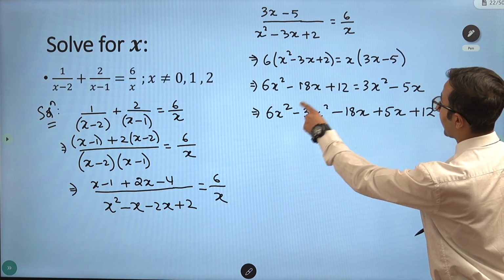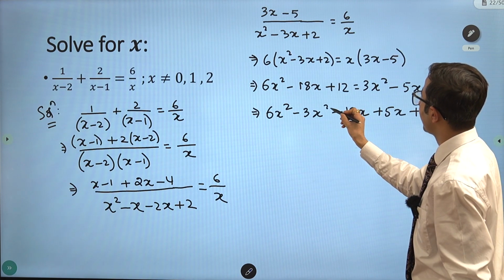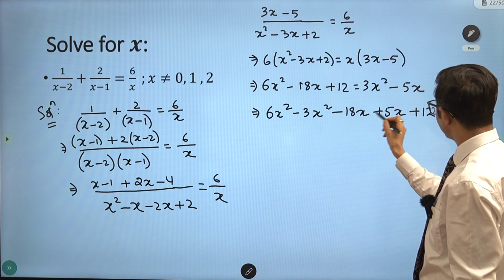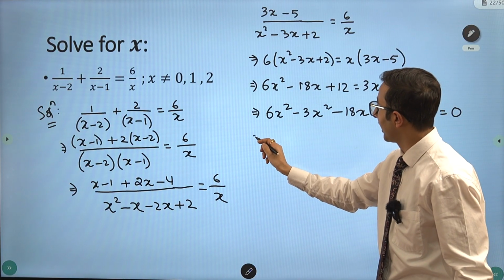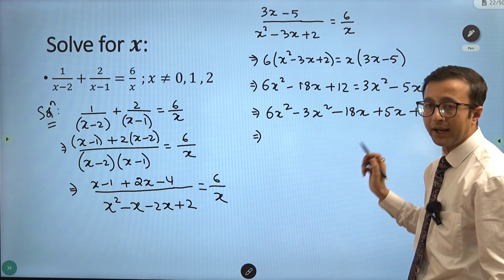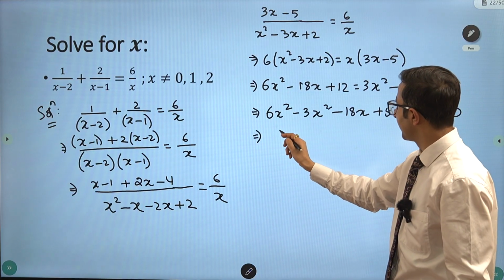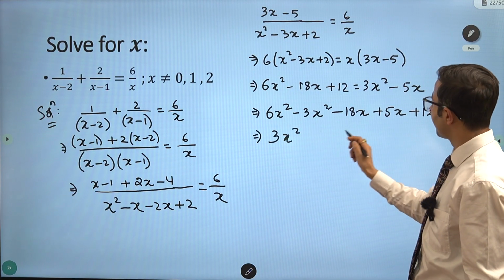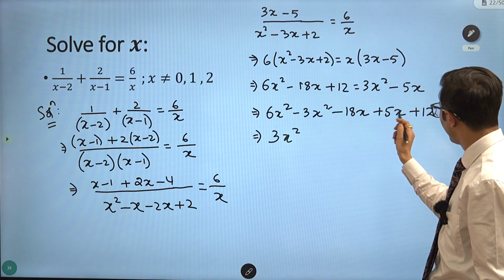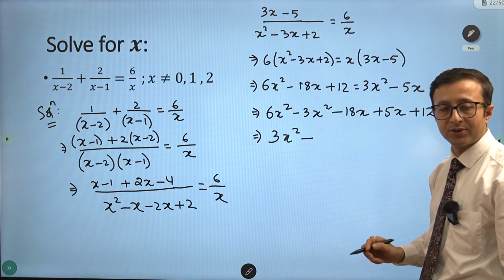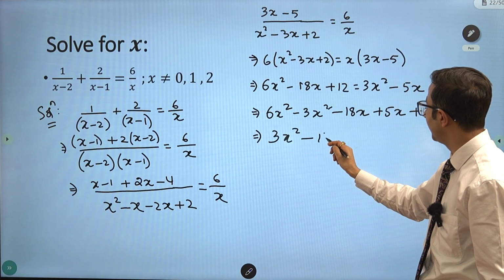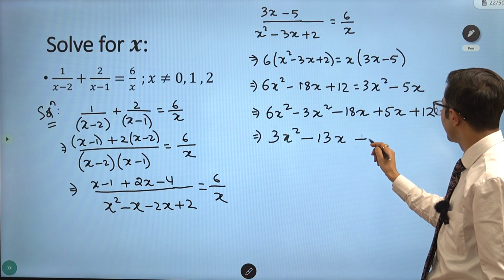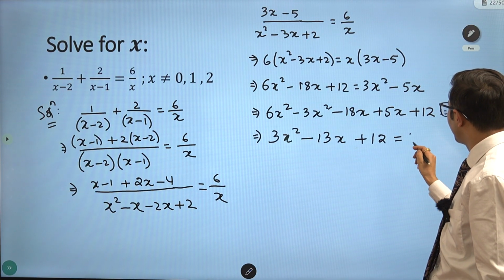That means 3x becomes minus 3x square here, and 5x we have taken to the right hand side by making this sign as plus. 6x square minus 3x square is 3x square, minus 18x plus 5x, minus 18 plus 5, opposite sign, we have to subtract. 18 minus 5 is 13, so minus 13x plus 12 is equals to 0.